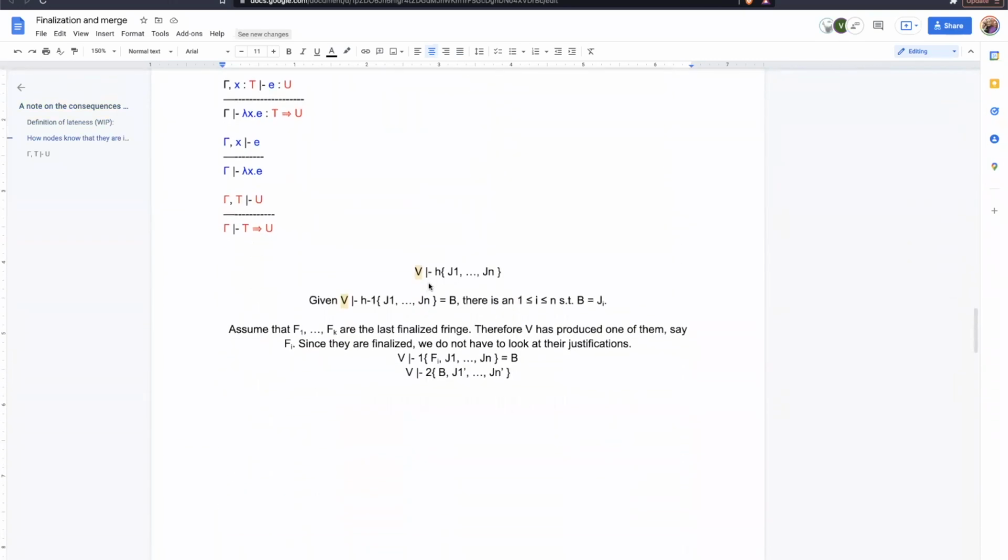Does that make sense? Yes. Basically, the validator always sees himself as the first one who sees everyone else in the back. Something like that. Yeah.